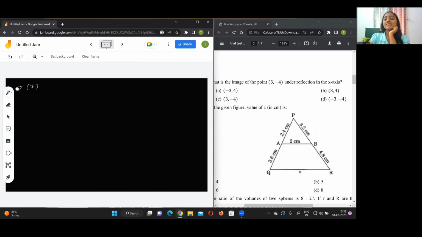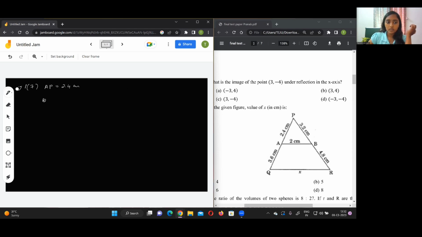As you can very well see in the question, you have two triangles. One is triangle APB and another is triangle QPR, right? They're two triangles. So let us try to find some relation between the sides of the two triangles. If you see, AP is equal to 2.4 centimeters.